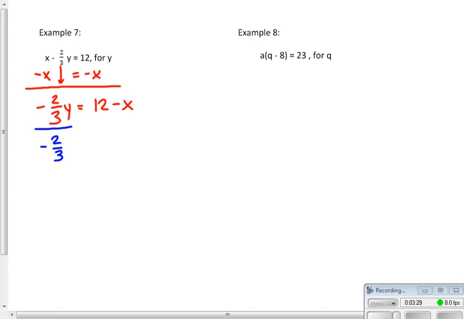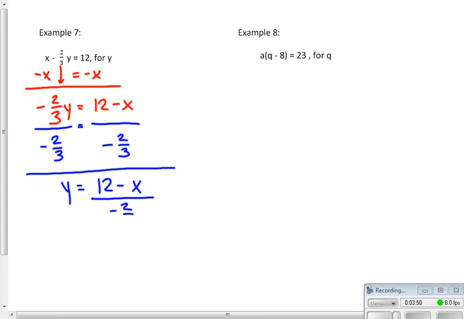Another way that you can do it, instead of dividing, you could multiply by the reciprocal, and you could do that to both sides instead of dividing by a fraction. However, you're able to use your calculator. So we'll divide both sides by negative 2/3. We are left with y equals 12 minus x all over negative 2/3.